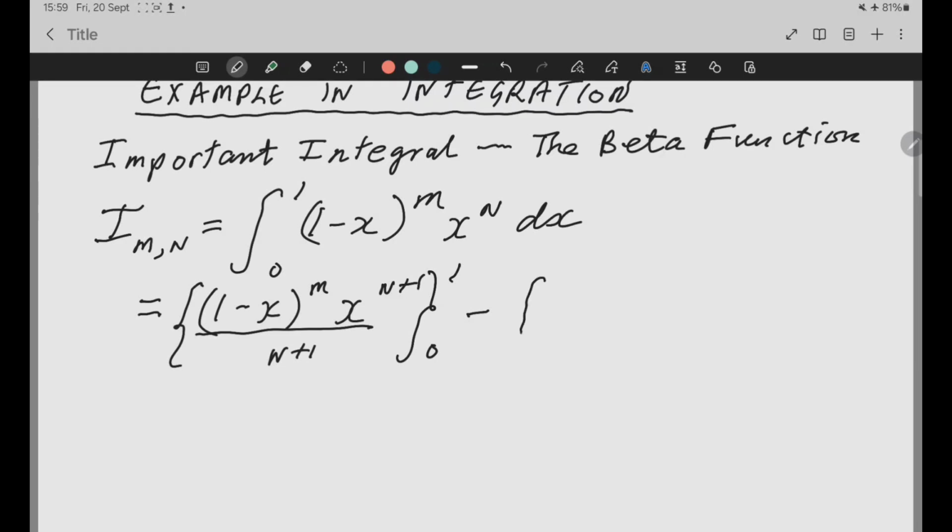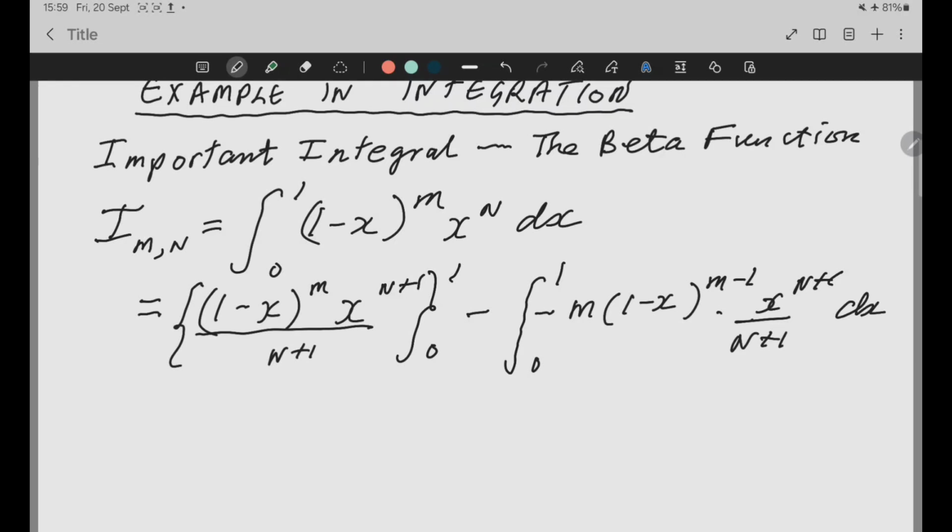Then, continuing, the second part of the integral will be the integral of the first part differentiated, so that would be 1 times (1 minus x)^(m-1), but you've got to differentiate the inside of the bracket using the chain rule, and so that will become a minus. And again, the second part will be x^(n+1) over n plus 1 dx. As I've just said, the first part is 0, so that vanishes.